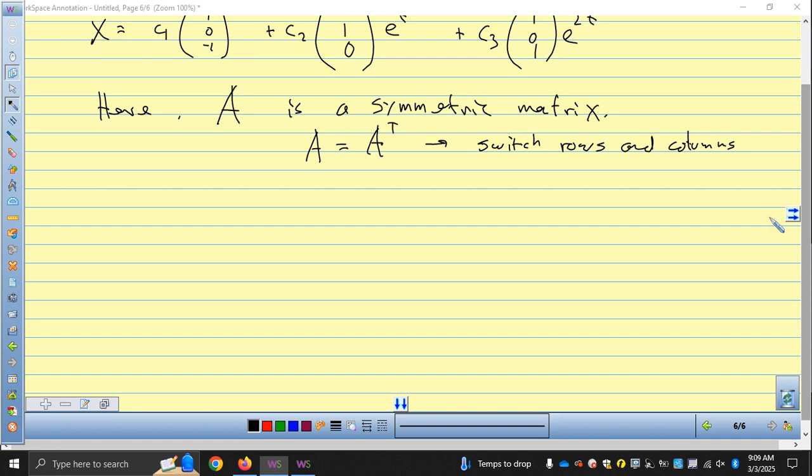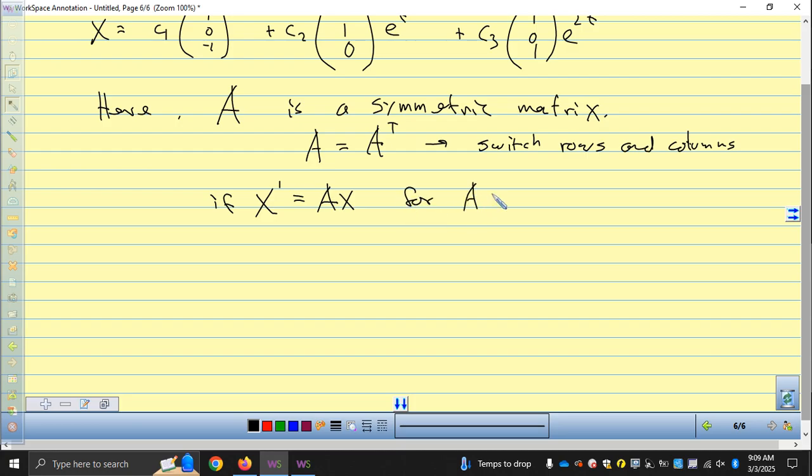It is always the case that if x prime equals Ax for a symmetric matrix, we can always find n linearly independent eigenvectors.